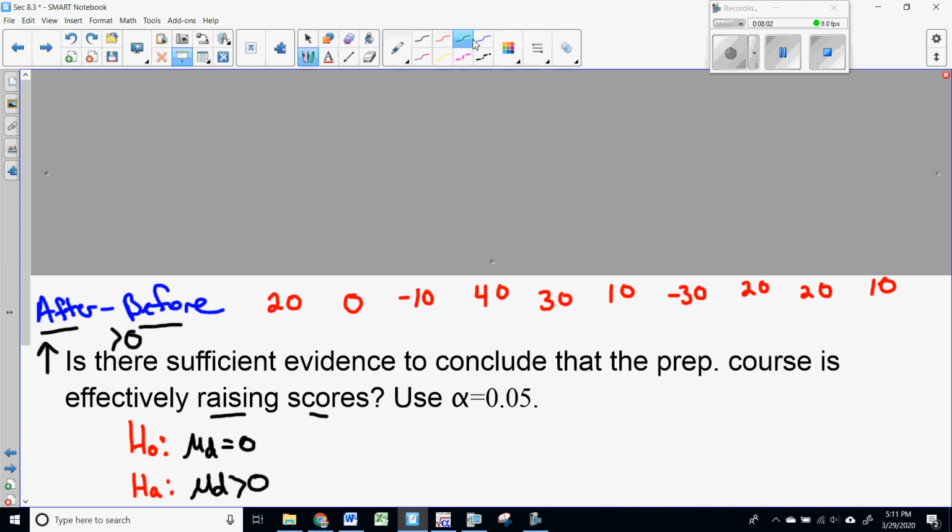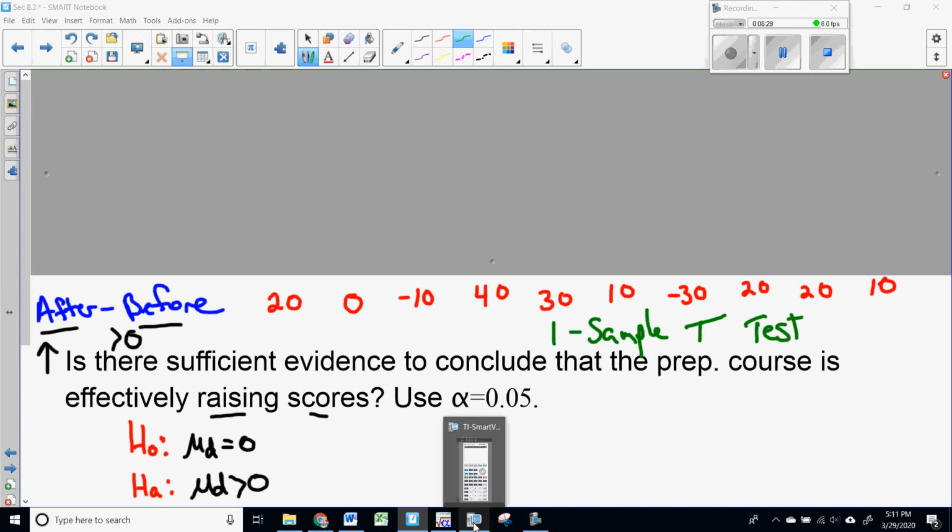All we're going to do now is we have a new set of data, and we're going to do a one sample t-test with this new set of data. We already have these written down, and we've gotten these figured out based on which way we subtract. But once we subtract and find the difference, we now just have a new set of data.